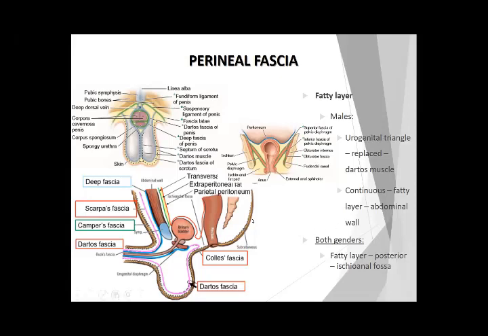फैटी लेयर्स मेल में ट्रेस कर लेते हैं। मेल्स में ये देख लीजिए, this yellow sawtooth वाली लेयर जो है, this is the fatty layer. This fatty layer is replaced by dartus muscle, ठीक है? ये जो ब्राउन ब्राउन सी लाइन है, ये सारी dartus muscle है which lines the scrotum, and then superiorly it becomes continuous with the fatty layer of the anterior abdominal wall, उसी तरह से.